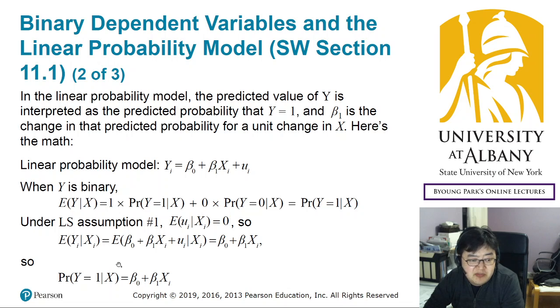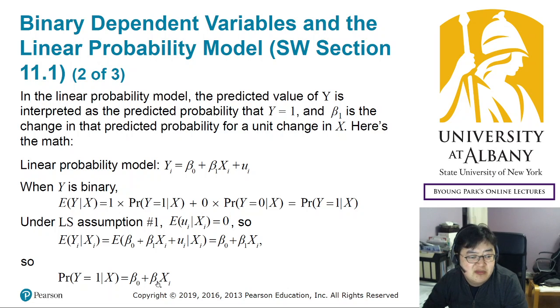And this probability is simplified to a linear function of x. So beta 0 must be interpreted as the probability of acceptance if your income is 0. Of course, it's unrealistic. No one has income exactly at 0, but just mathematically, you have to calculate that.